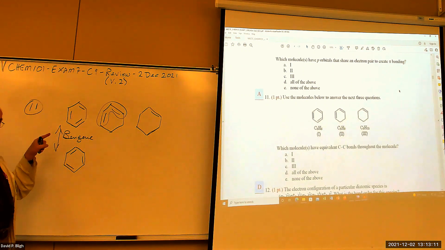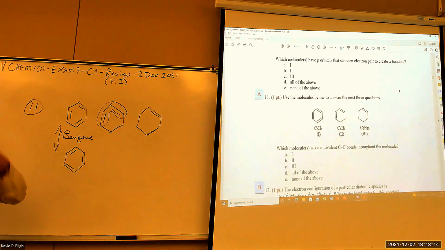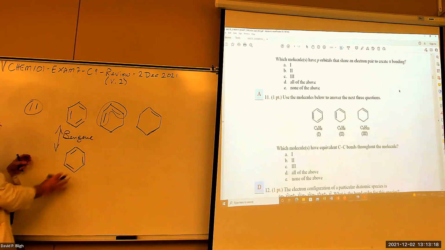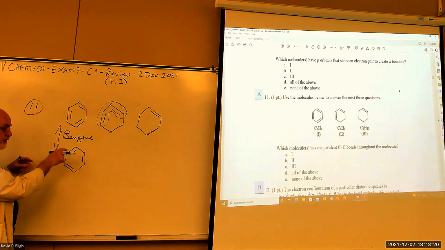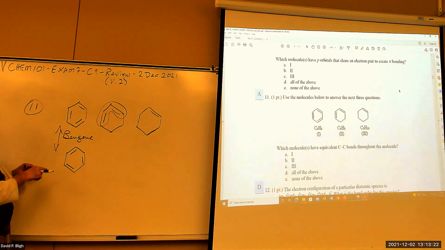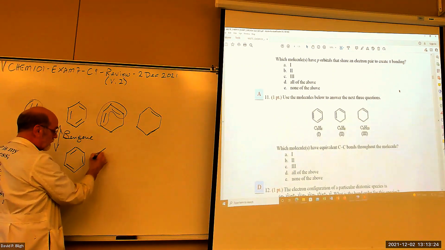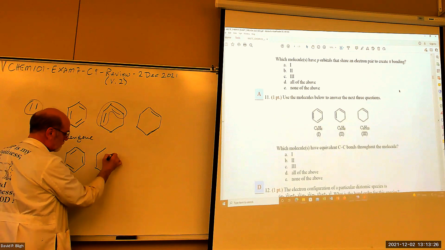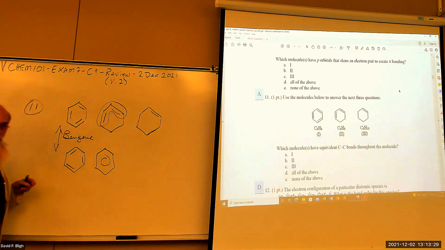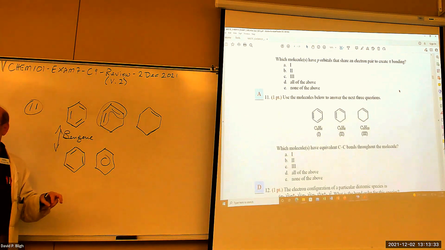That's what happens here. So we use what we knew about the molecular orbital theory to reconcile this problem. So all these bonds are equal in length. And sometimes for that reason, benzene is written this way. That means that all these bonds are the same length.